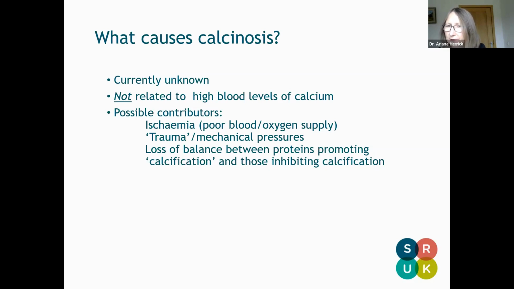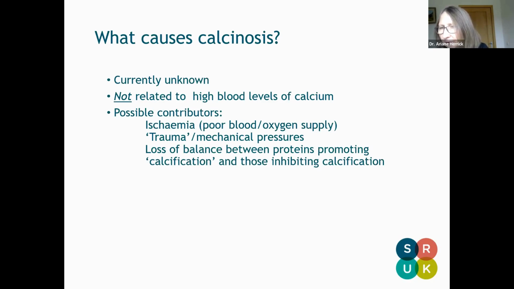And of course, these are the two fingers that are subject to most trauma in the activities of everyday living. And then there is scientific work to suggest that there's some imbalance in the skin, in what we call the extracellular matrix, between proteins which promote the development of calcinosis and those which inhibit it.